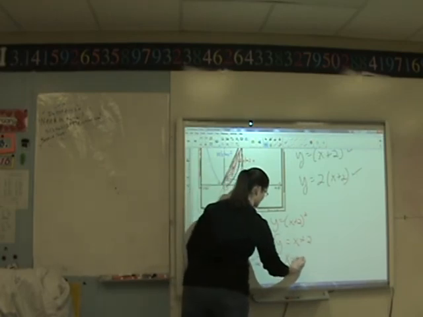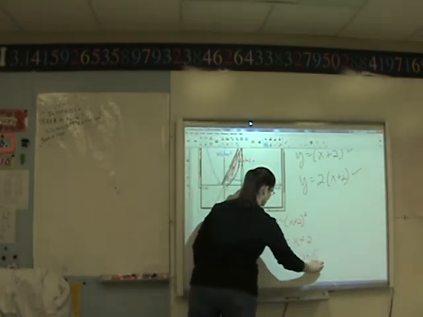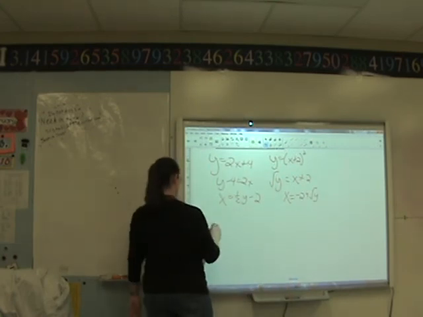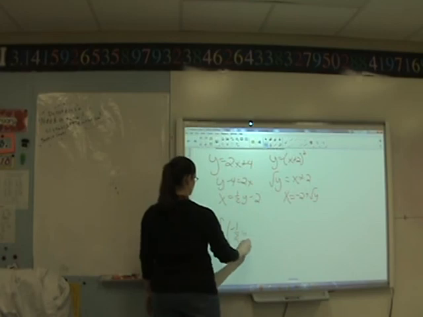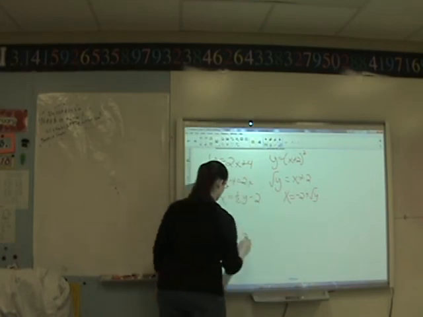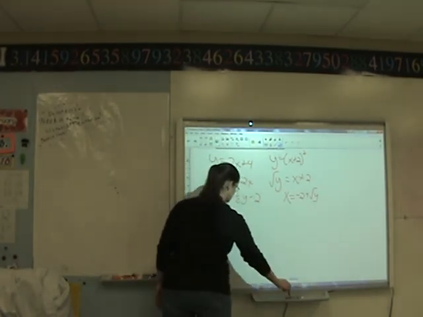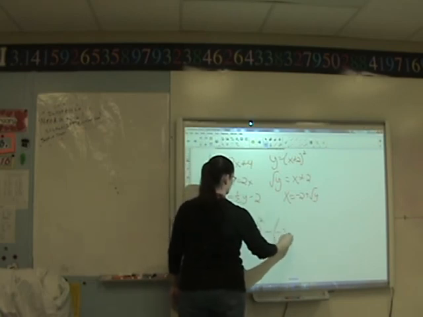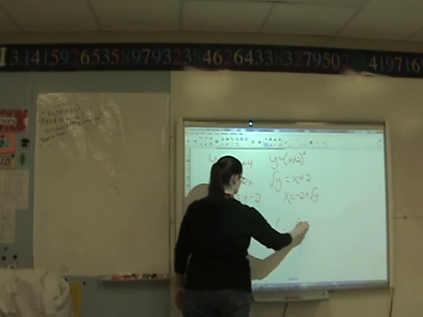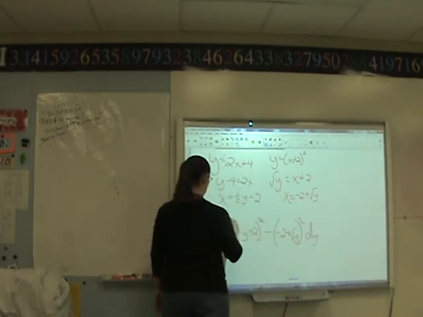So x would be -2 plus square root of y. So those are my equations. Line, whoops, that's not negative. Line squared minus parabola squared dy.